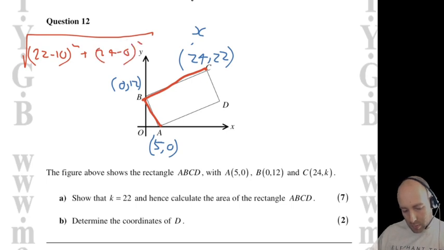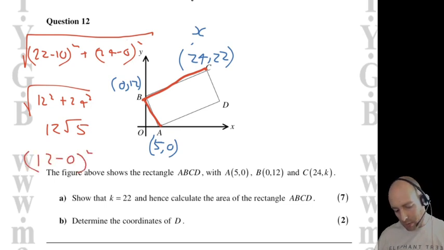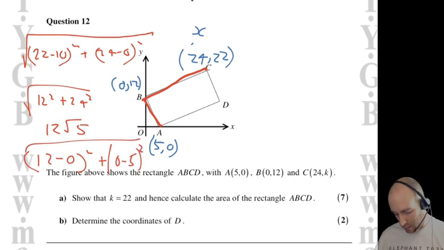So that's 12 squared plus 24 squared, all square rooted, which gives me 12 root 5 for the big one. And for the small one, we're going to get 12 take 0 squared plus 0 take 5 squared, square rooted. So 12 squared plus 5 squared, square rooted, gives us 13. Yep, 13.